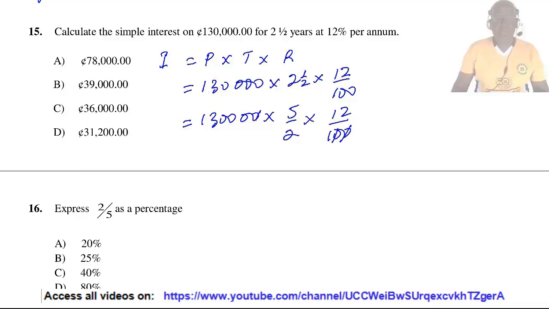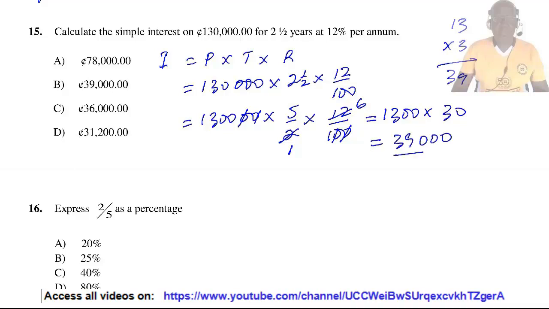Zeros will cancel out. 2 goes here 1, 2 goes here 6. So 1300 times 6 times 5 is 30. So 13 times 3 is 39. So 39,000. So the answer is B.